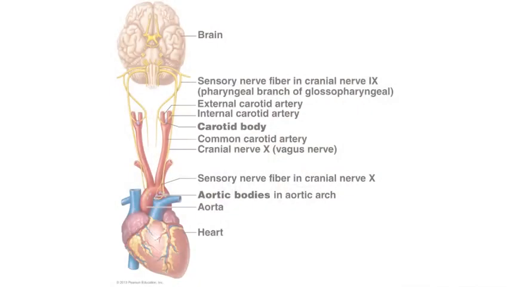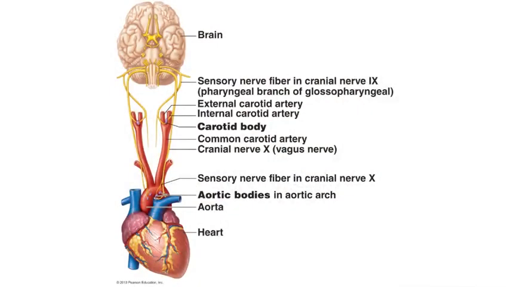So I want to begin this whole discussion by calling your attention to this picture that you have open in front of you that shows you the location and innervation of peripheral chemoreceptors.